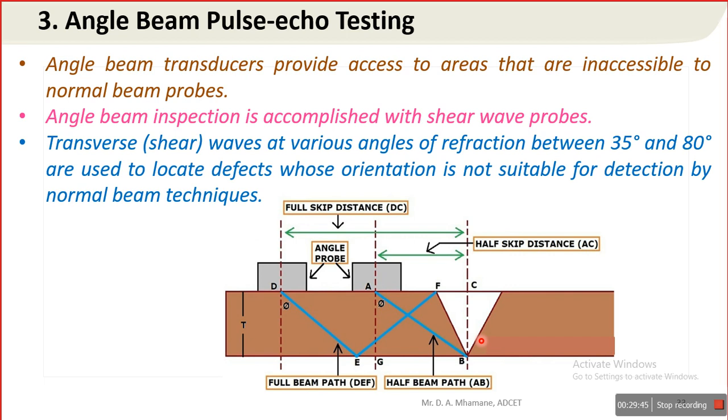So this is a wide range of angular beam, 35 to 80 degrees, but the widely used angles are 45, 60 and 70. So the 60-degree angle probe, 70-degree angle probe and 45-degree angle probe. These three angle probes are sufficient to check any type of welding. So these three angle probes are widely used.